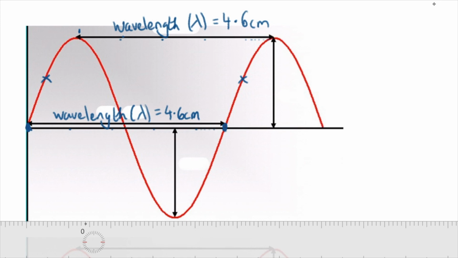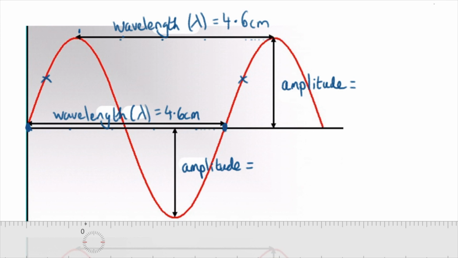The two vertical arrows here measure the amplitude. So the amplitude is the distance from the midpoint to the peak of a wave, or midpoint to the trough of a wave. And again, they should be the same.